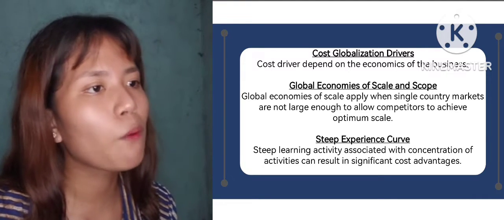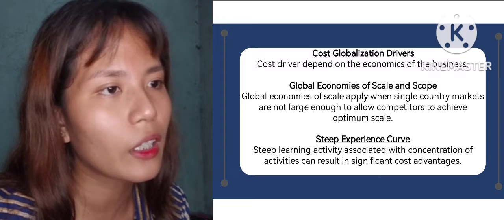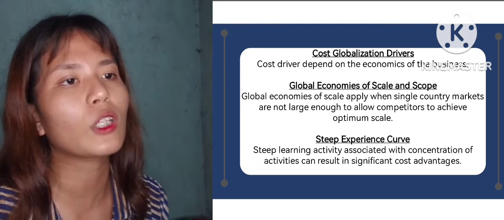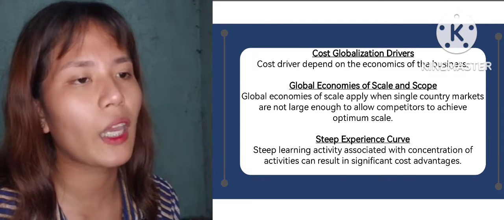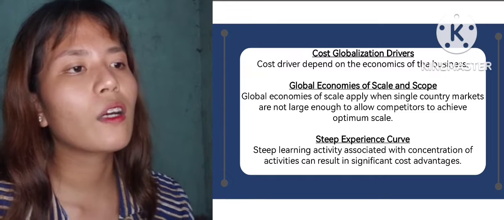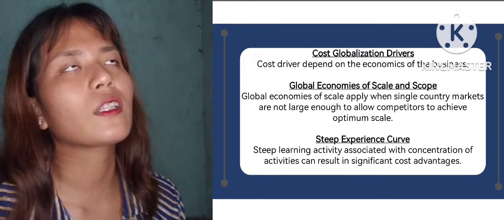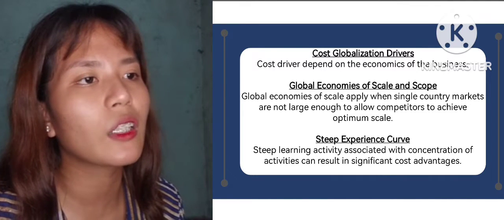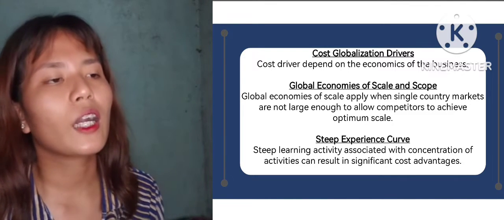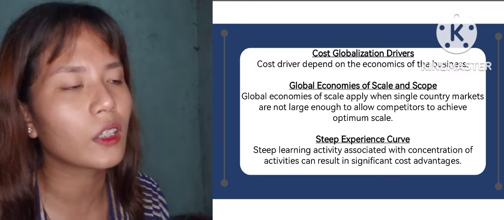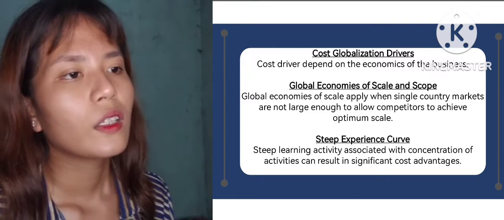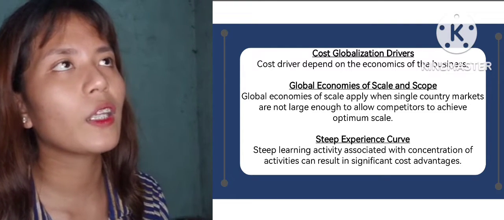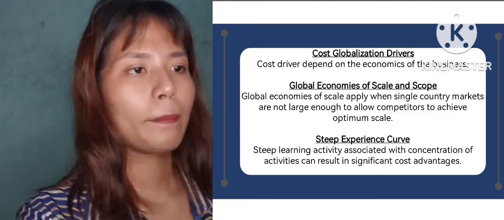It is applied when single country markets are not large enough to allow competitors to achieve optimum scales. Then economies of scale refers to the phenomenon of diminishing marginal cost, and economies of scope refers to increases in scope through interconnections.